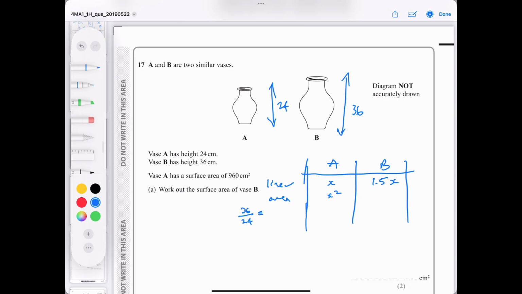So that would be 1.5 squared, which equals 9 over 4, and then for volume it would equal that times 1.5, which equals 27 over 8.